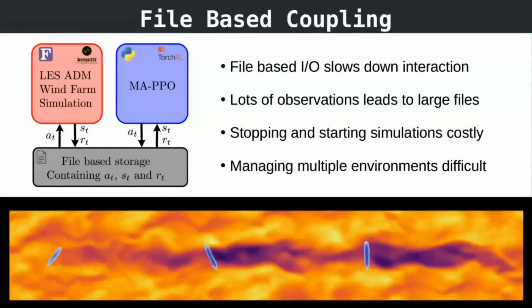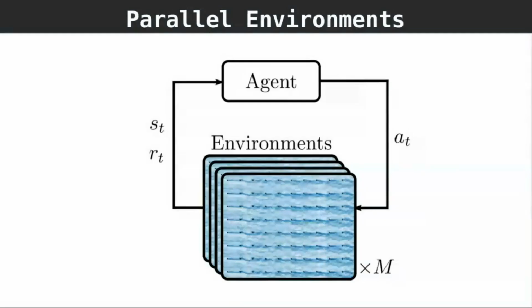This was only going to grow as we tried to increase the size of the wind farm and the number of environments that we were training in. One thing we wanted to do is use multiple environments. So rather than training with one environment, we used lots of them at the same time, and that was just multiplying the problem we had.